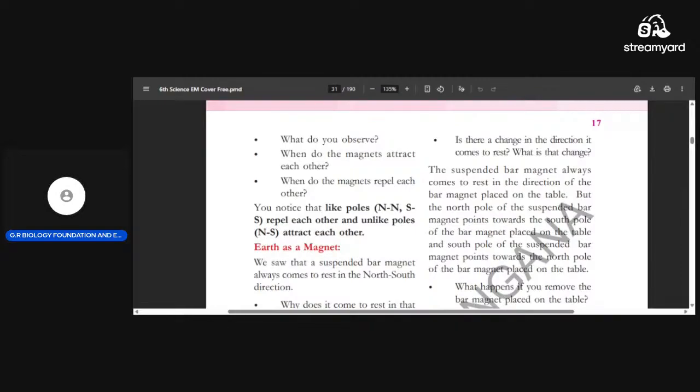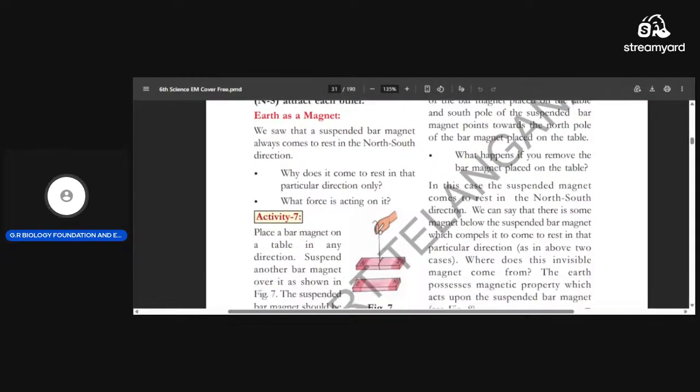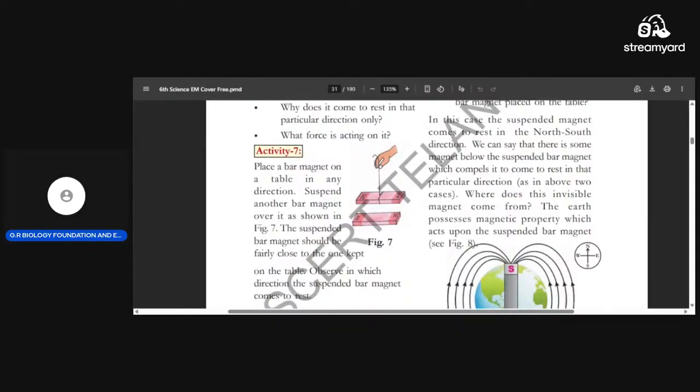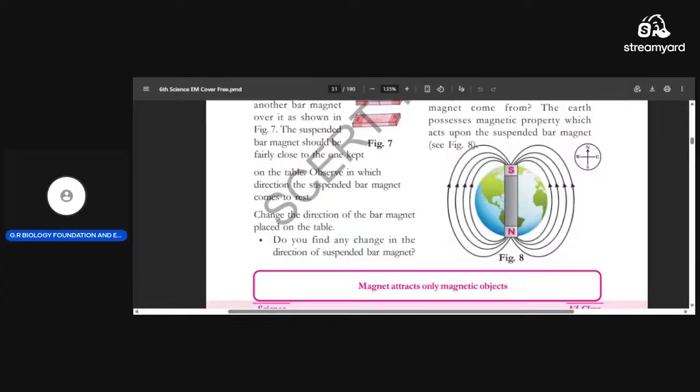The suspended bar magnet's south attracts to the north of the earth, and its north attracts to the south of the earth. That is the reason we can confirm that the earth acts as a magnet.